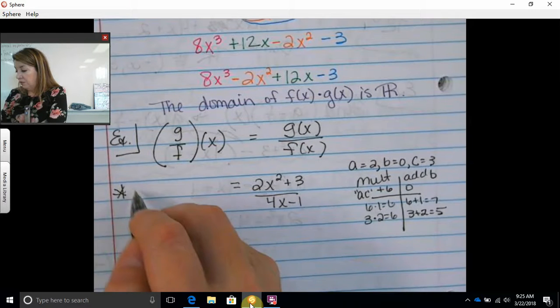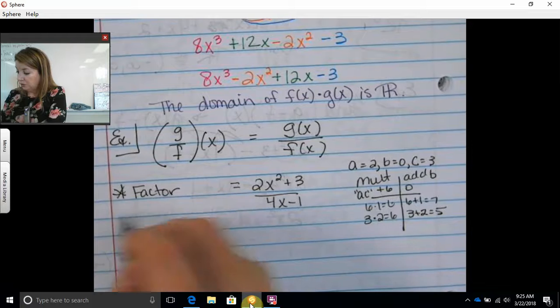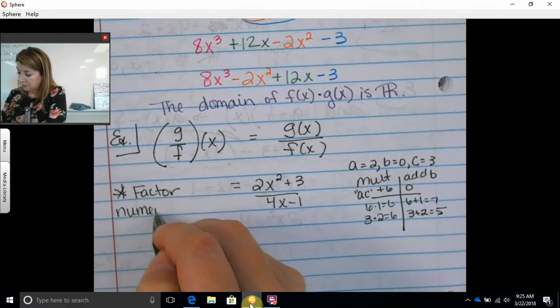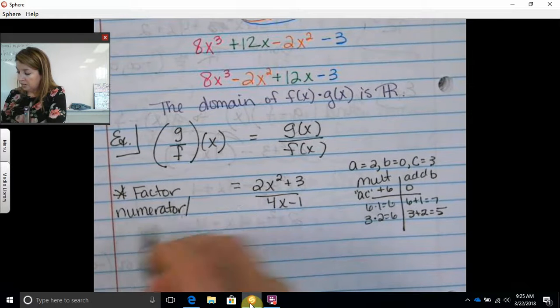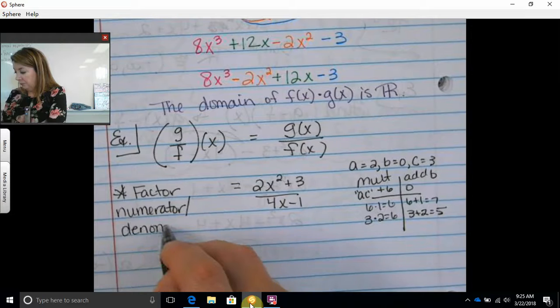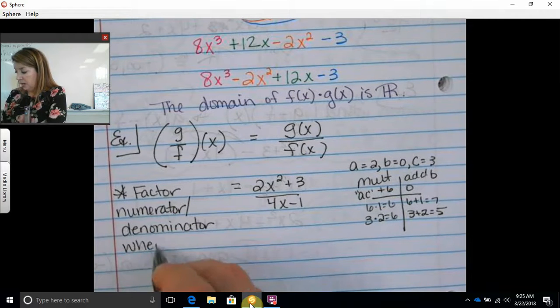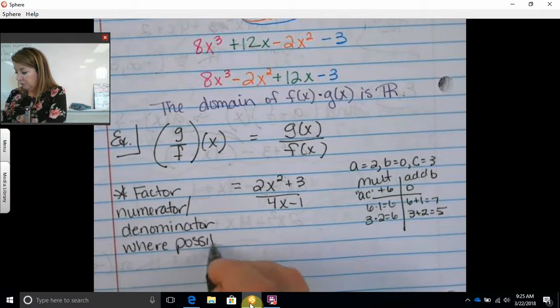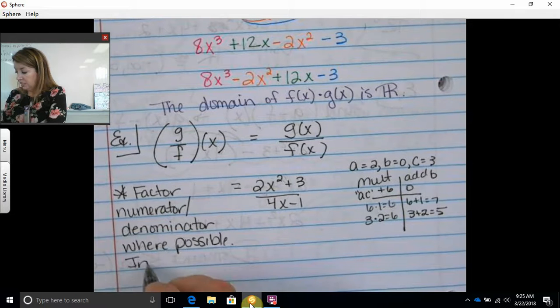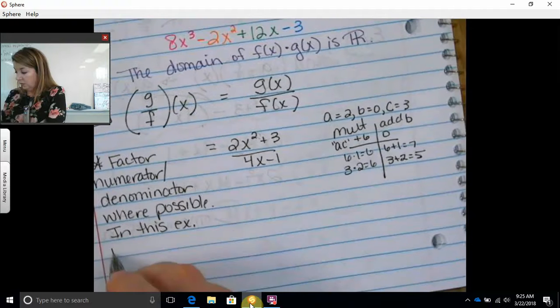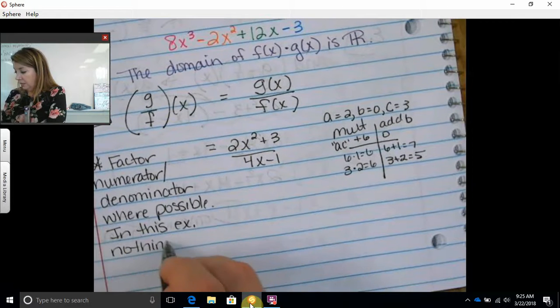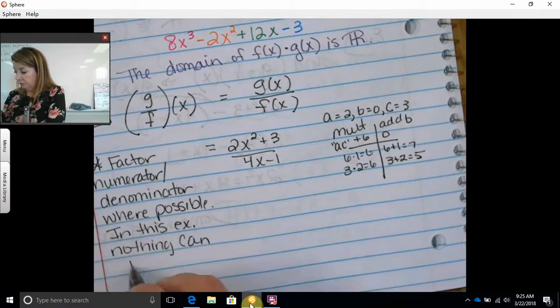No. So factor numerator, I'm going to put slash denominator where possible. In this example, nothing can be factored.